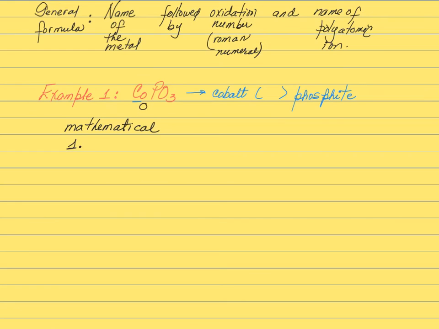Oxidation number of cobalt, I don't know that, so I'm going to multiply by B, which is going to represent the oxidation number of cobalt. Plus, and now you have to analyze, because this is the part that you get confused. How many groups of the polyatomic ion do I have? Remember that the formula is PO3 -3, so you have only one group.